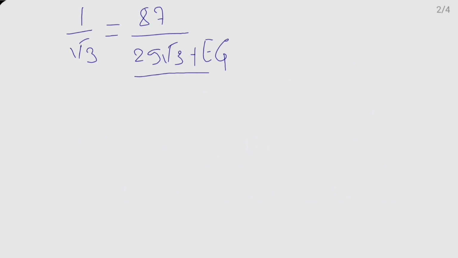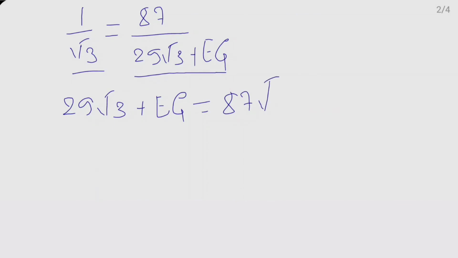And now here 29 root 3 plus EG comes to the LHS side, it becomes a multiplication. So 29 root 3 plus EG equals, root 3 goes to the RHS side, it also becomes a multiplication. So 87 root 3.